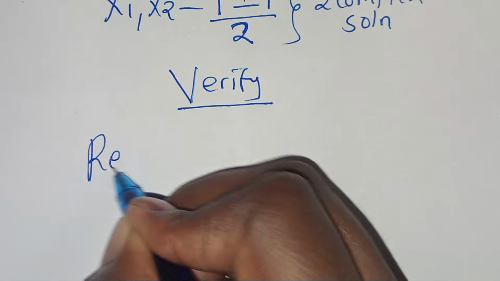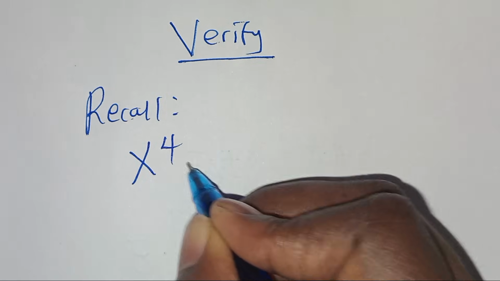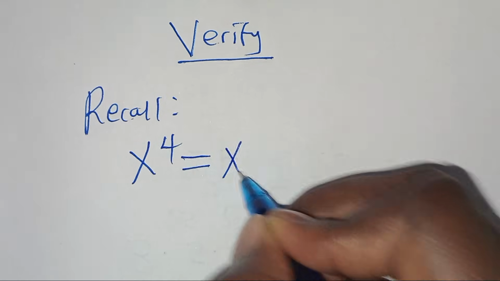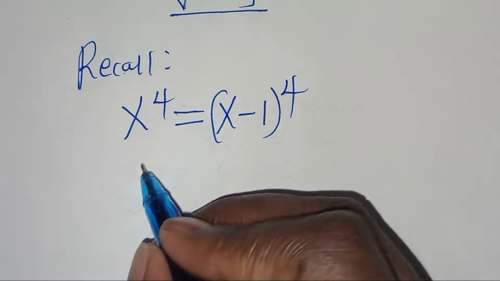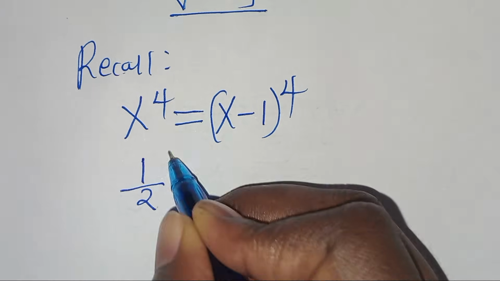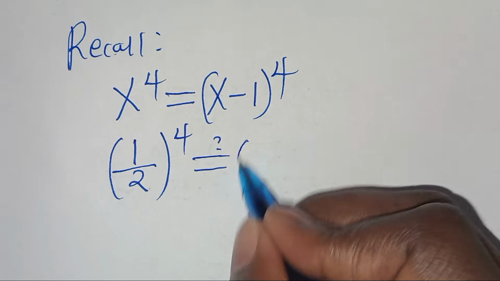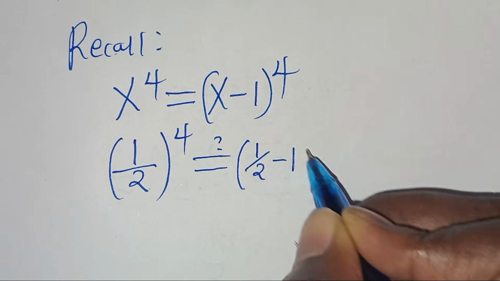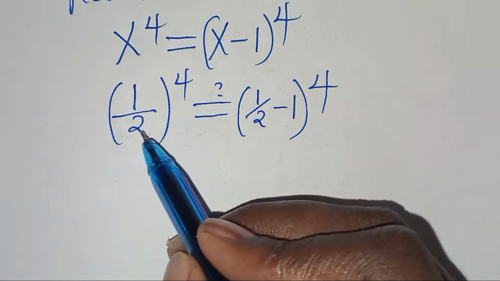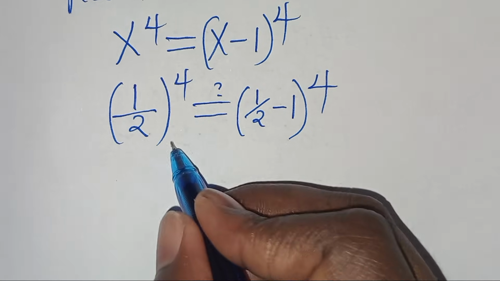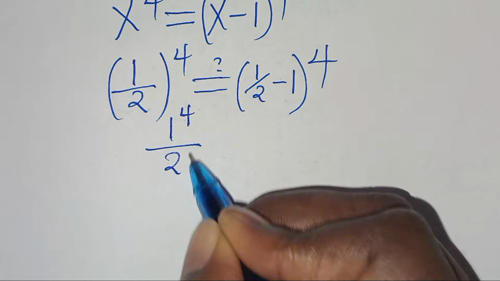Now, if you recall, we have that x to the power of 4 is equal to x minus 1 raised to the power of 4. So we have x equal to a half, so we have a half raised to the power of 4. This should be equal to a half minus 1 raised to the power of 4. So 1 over 2 to the power of 4 is the same thing as 1 to the power of 4 divided by 2 to the power of 4.